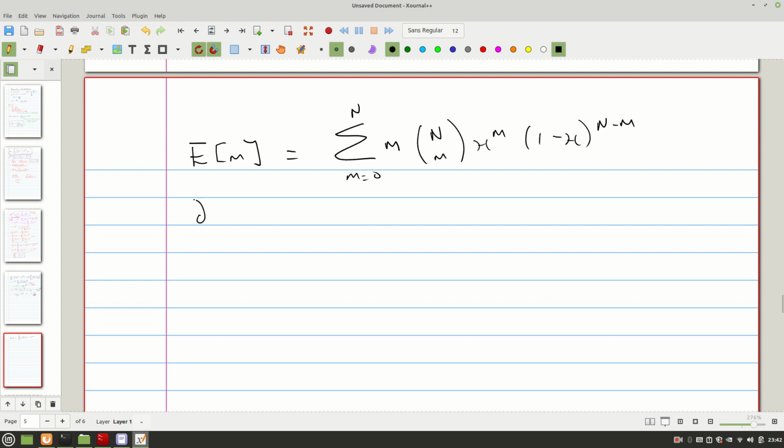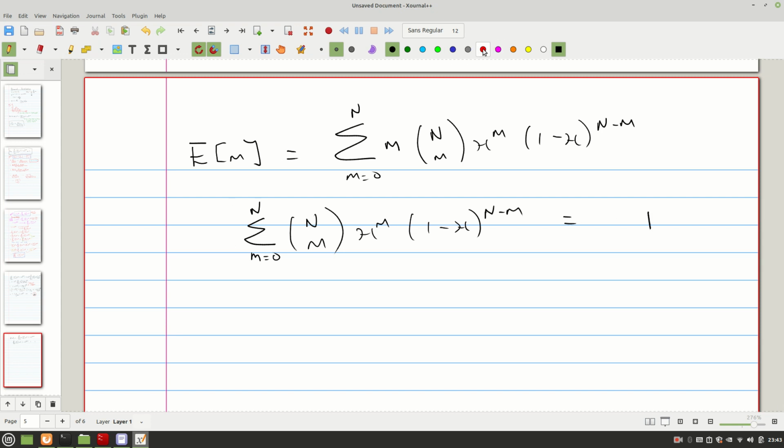Okay, so to be able to actually find this expectation, what we need to do is take our result from the previous page, the summation from m equals 0 up to n of n choose m times mu to the m, 1 minus mu to the n minus m. We said this was equal to 1.